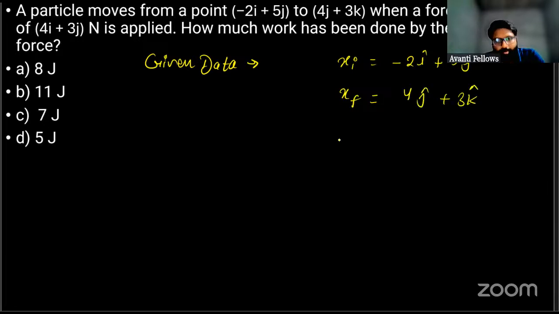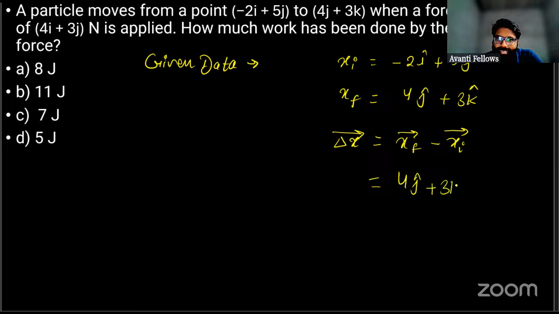Okay. So what is the displacement vector? Delta x is x final vector minus x initial vector. So it is 4j cap plus 3k cap minus minus 2 I cap plus 5j cap. Okay.